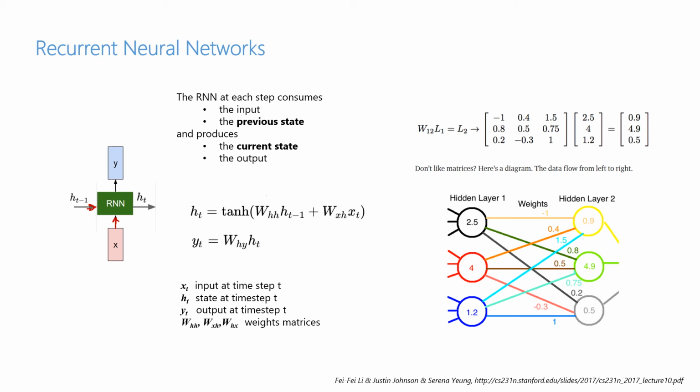And we must provide two outputs: one is the output for this particular step, and the other is the new state, which is the state for step t, that we will provide to the next step.